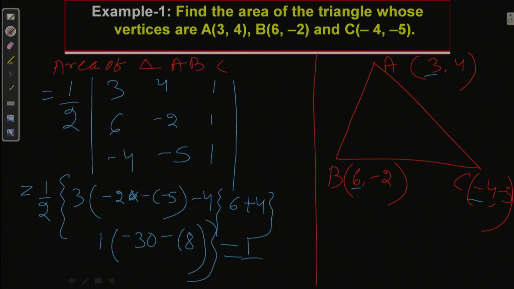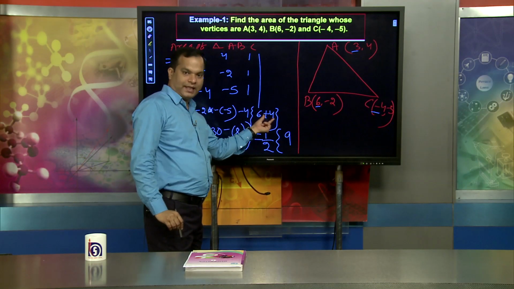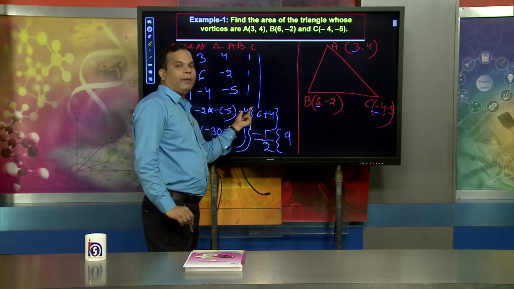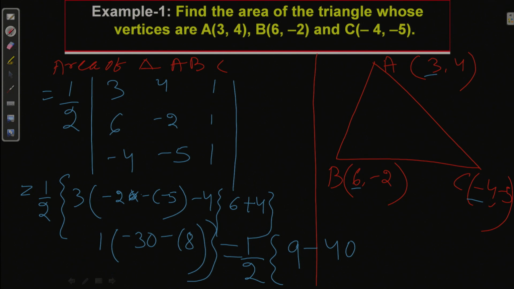So half multiplied with 9, again 6 plus 4 is 10, 10 into minus 4 is minus 40, and minus 30 minus 8, that is minus 38.